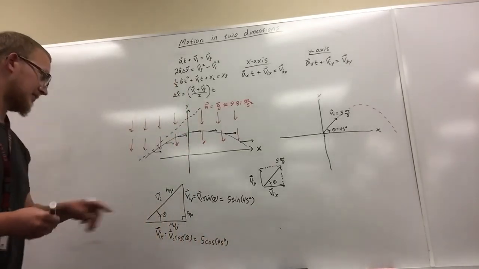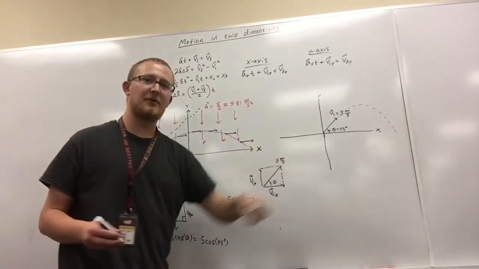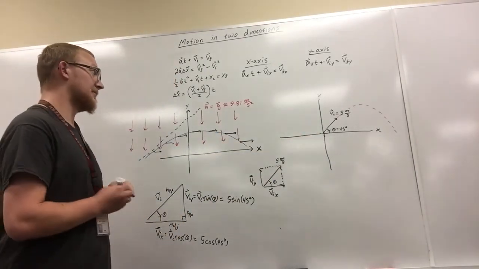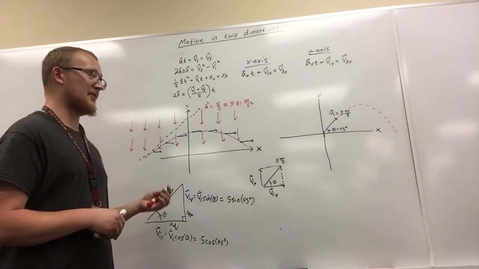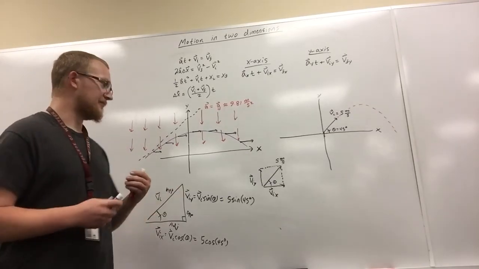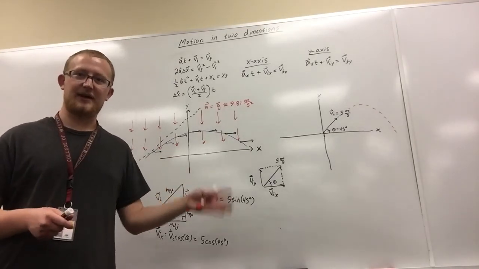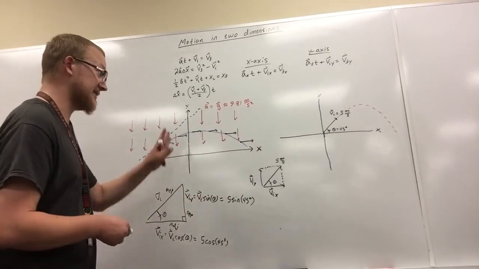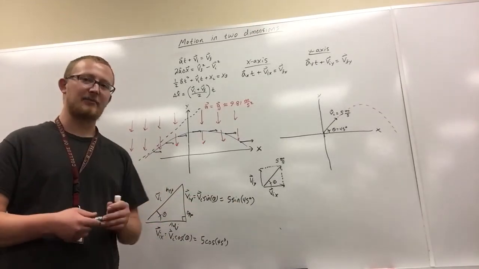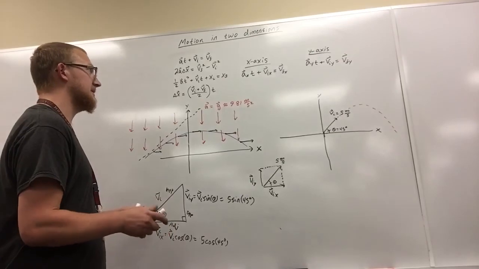So now I've taken my velocity and broken it into components. This is the first step of solving a problem. You're going to use it every single time you solve a problem in 2 dimensions with projectile motion. But this video is getting a little long.